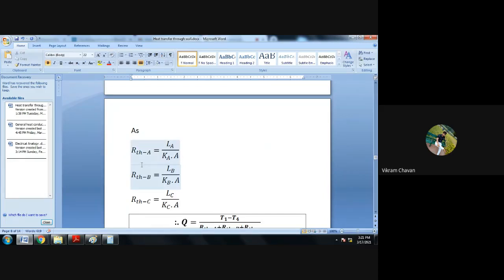R suffix TH B, the thermal resistance offered by wall B, will be equal to L suffix B divided by K suffix B multiplied by area. And the last one, the thermal resistance offered by wall C, that is R suffix TH C, will be equal to L suffix C divided by K suffix C multiplied by area.